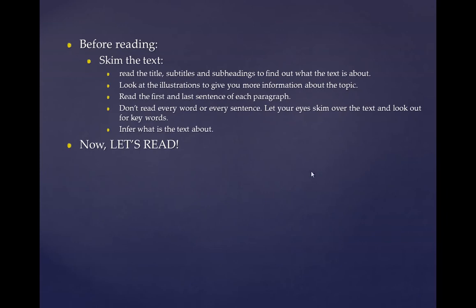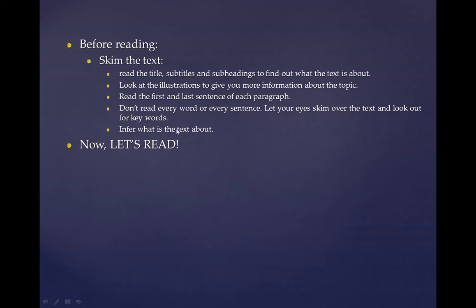Before reading, we are going to do the following activity. You're going to follow these steps. You're going to skim the text. What is that? You're going to read the title, subtitles, and subheadings to find out what the text is about. Then you're going to look at the illustrations to give you more information about the topic.